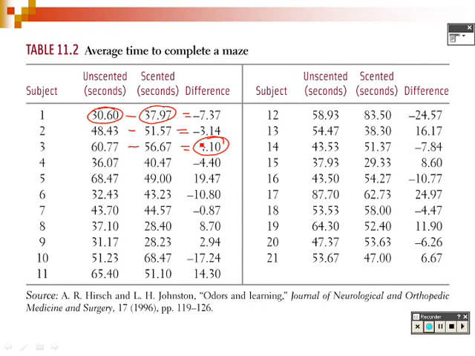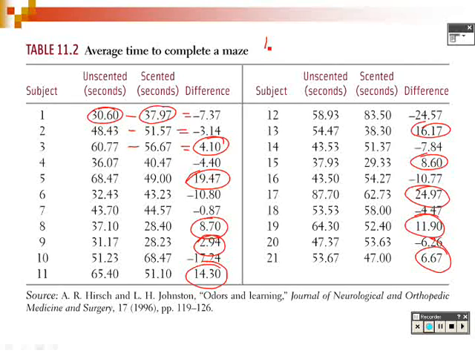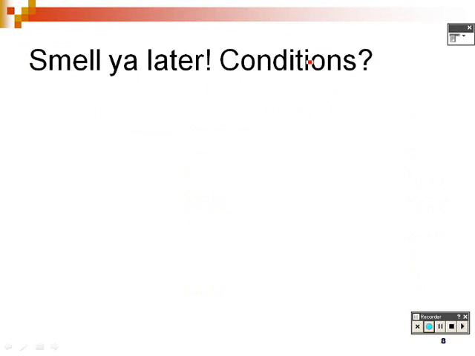So there's 1, 2, 3, 4, 5, 6, 7, 8, 9, 10. So 10 out of 21 is not very many. So I'm already a little suspicious because of that data whether we're going to be able to reject this null hypothesis.